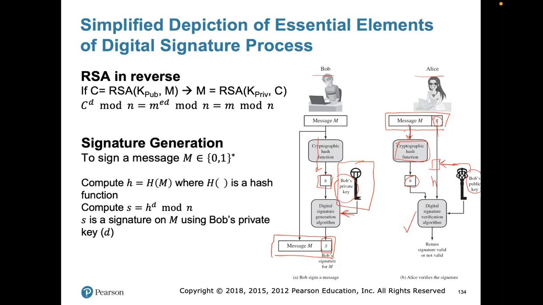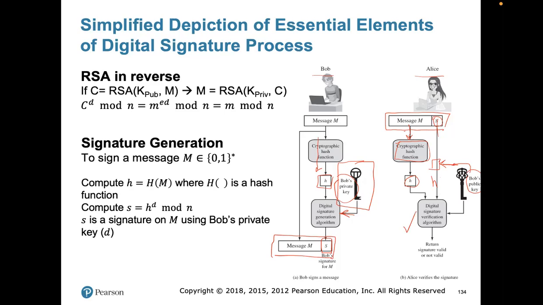If they are equal, if they match, it means that yes, this is right, and the message was signed and sent by Bob, and also the message integrity is clean. Why?